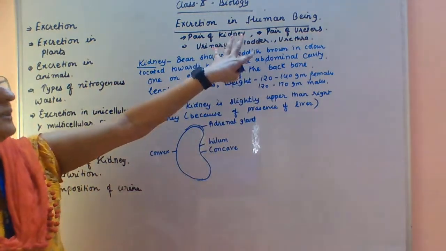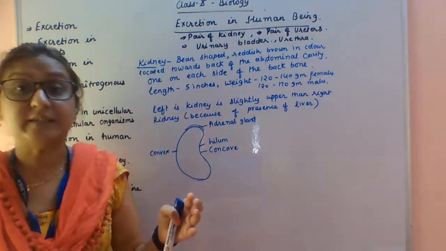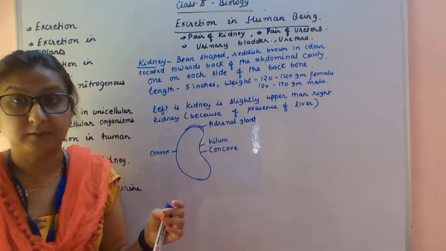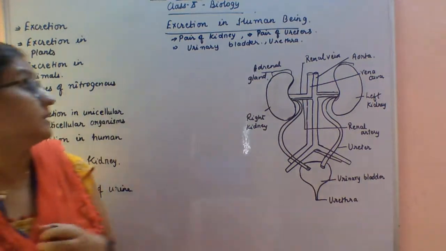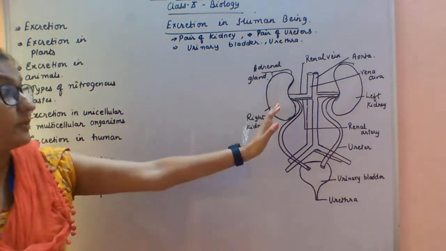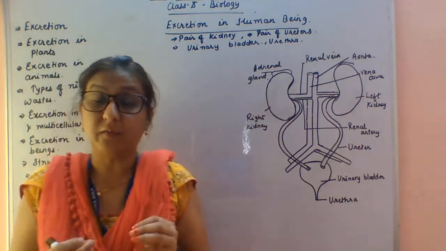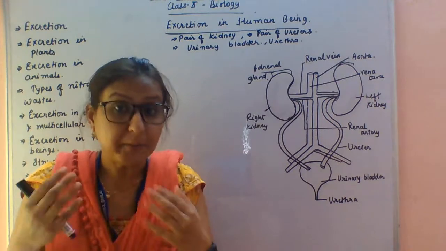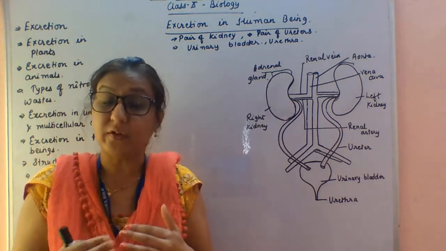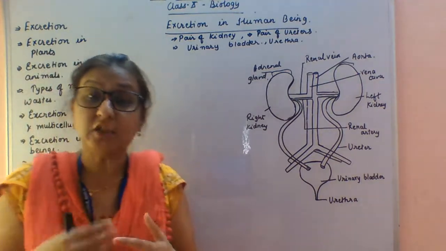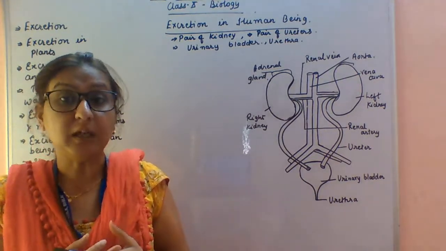Now I am drawing the excretory system of human beings and will explain it to you. Okay students, this is the excretory system in human beings. Oxygenated blood laden with impurities comes to the kidney for filtration, for removing the waste out of the blood.